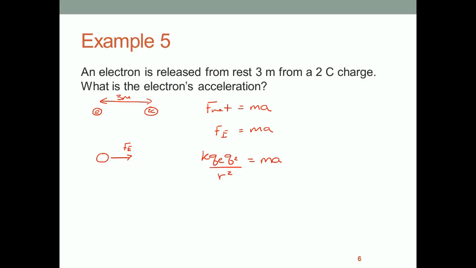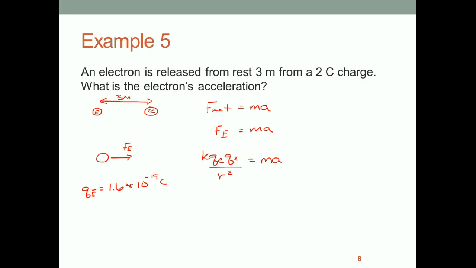In order to do this, we need to know what the charge of the electron is and what the mass of the electron is. We know the charge of the electron, hopefully. It's 1.6 times 10 to the minus 19 coulombs. I'm ignoring the minus sign because that's just telling me something about direction, and I know that my electron will be attracted to the plus 2 coulomb charge because opposites attract.